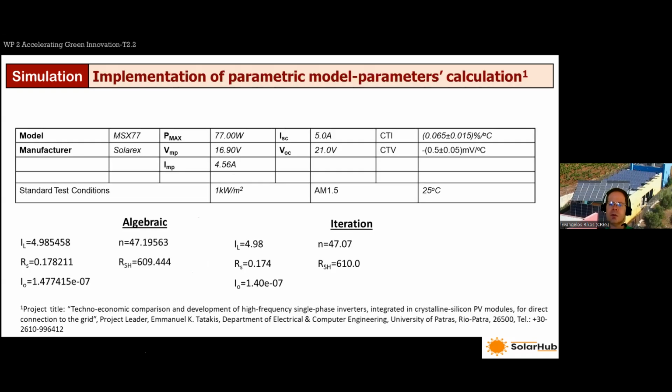What is worth presenting here is an example. It's better to understand this through an example that shows, for a specific commercial photovoltaic module, the result that one can get through one or the other method, the algebraic versus the iteration method. Both of them give results very close to each other.